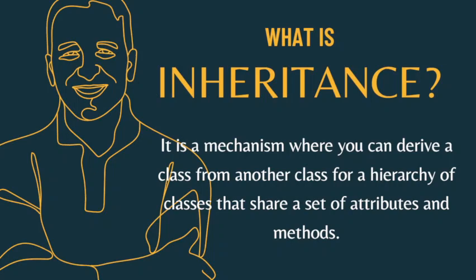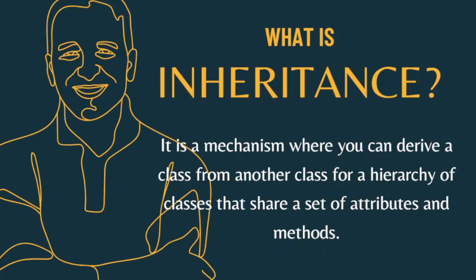So in a way, the parent class has some methods and some attributes. In object-oriented programming, we call the properties attributes, and then we have methods, which are also known as procedures.